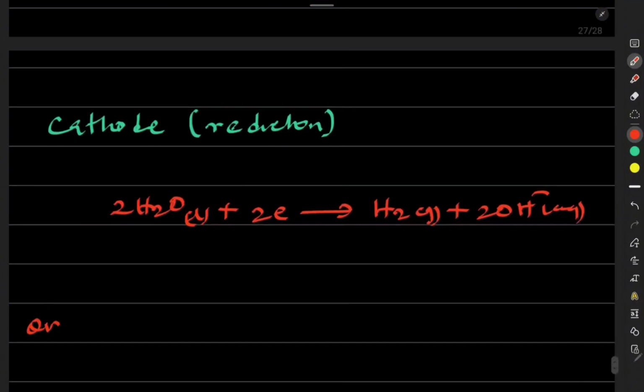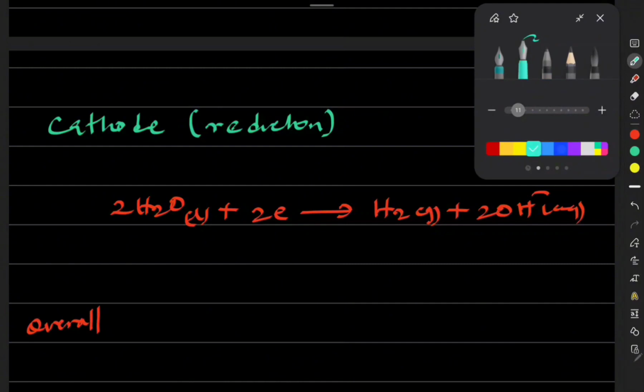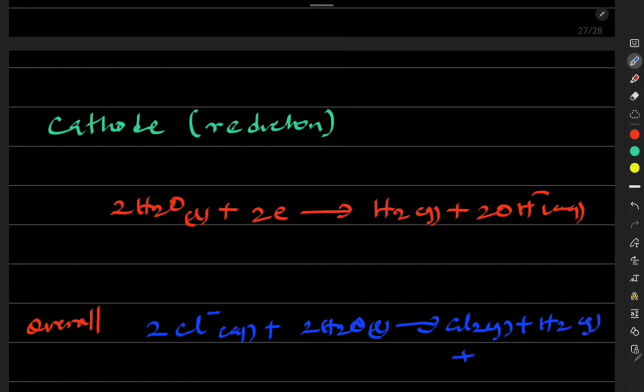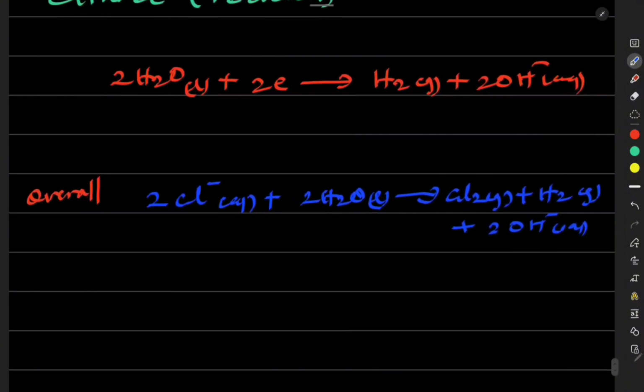The overall reaction is 2Cl⁻(aq) plus 2H₂O(l) forms Cl₂(g) plus H₂(g) plus 2OH⁻(aq). And that's all for the electrolysis of sodium chloride solution using inert electrodes.